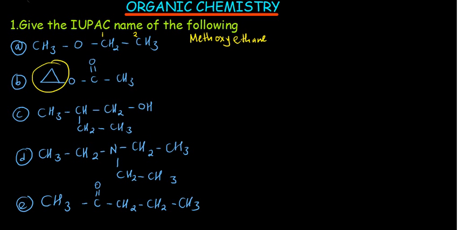We have got this compound with 3 carbons: 1, 2, 3. So this is going to be the substituent of this group. And then this is going to be the main chain. So in other words, you first start by naming the part that came from the alcohol, and then you name the other part that came from the acid.